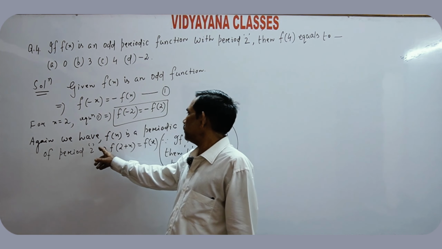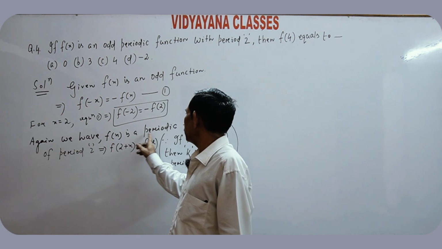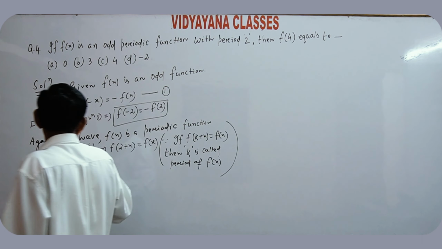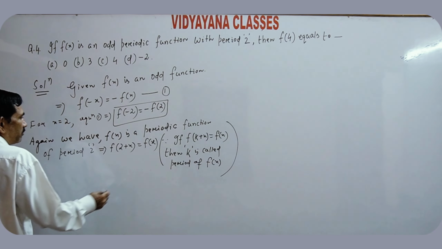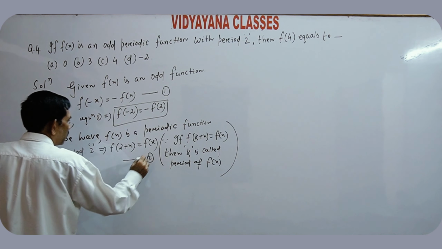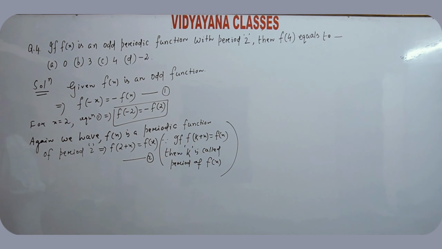Here 2 is the period of f(x), so f(2 plus x) is equal to f(x). It is equation 2. Clear?